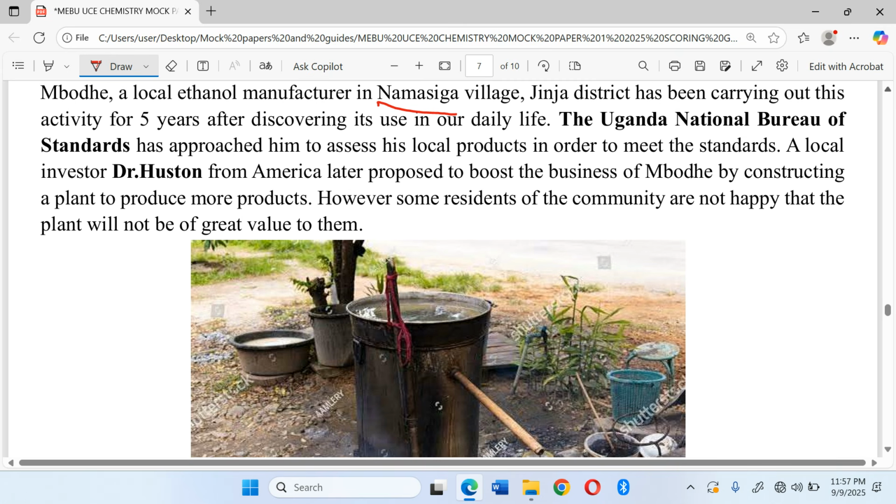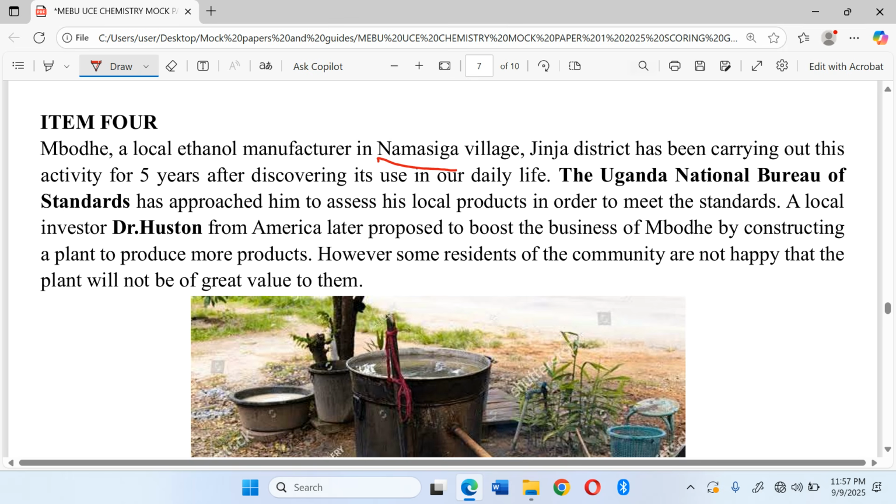Which activity is that? Let's see. For 5 years after discovering its use in our daily life. Body is a local ethanol manufacturer and has been doing it for 5 years.